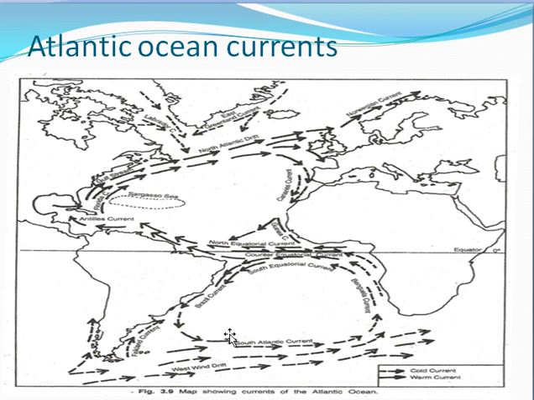And after this, South Atlantic Current. South Atlantic Current or Drift is a cold current. This South Atlantic Drift is a continuation of Brazil Current, but temperature modification is there because it is joined by Falkland Current.